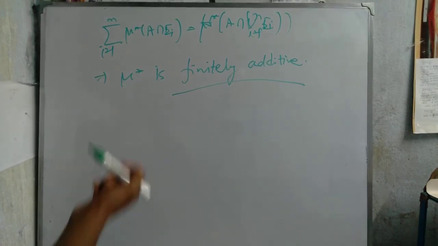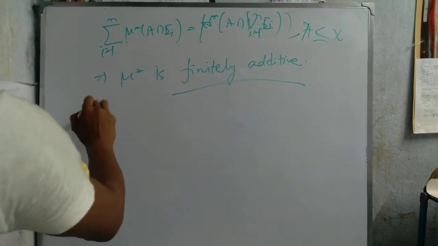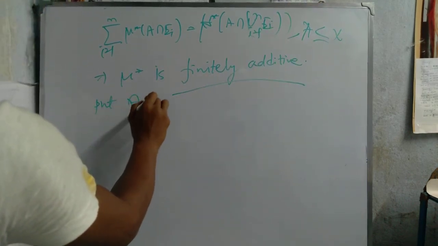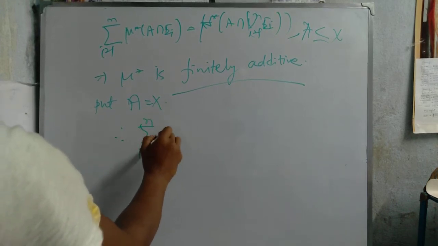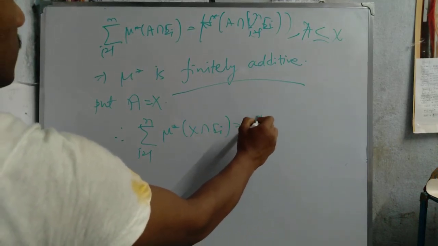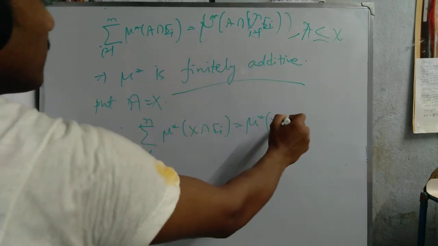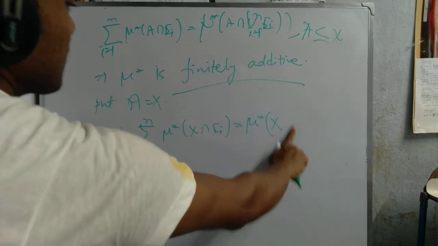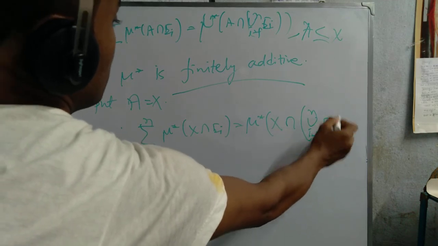Okay. Now here what happen? A subset of X, take A equal to X. Then what we get? We get here summation i equal to 1 to n mu star X intersection Ei equal to mu star X intersection union of i equal to 1 to n Ei.